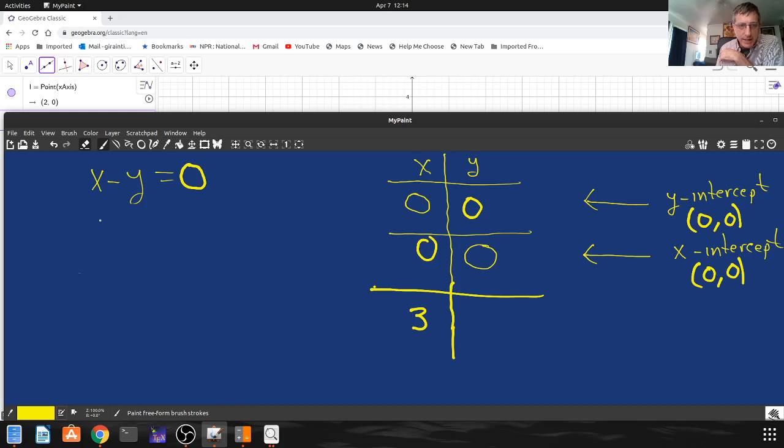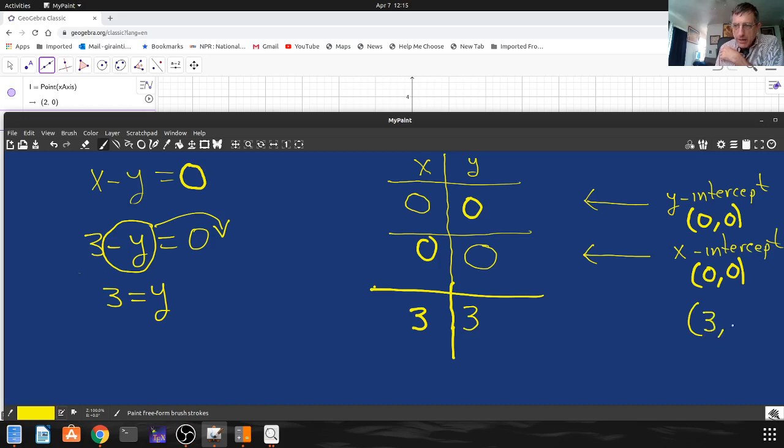So now I'm going to let x equal 3. Let's make this easier. Let's put my y and move it on the other side. So that gives me 3 is equal to, the minus y becomes plus y, so I get y equal to 3. So I find 2 points, 0, 0, and 3, 3.